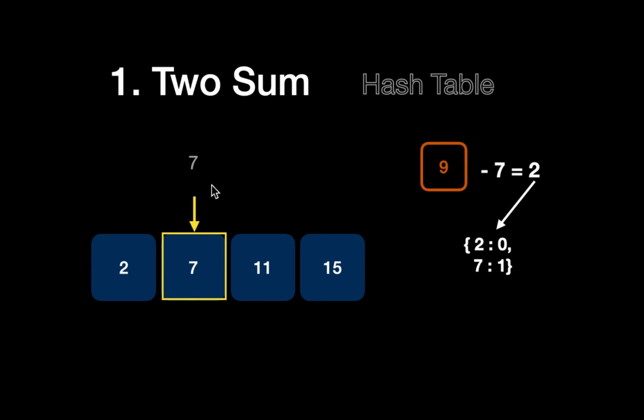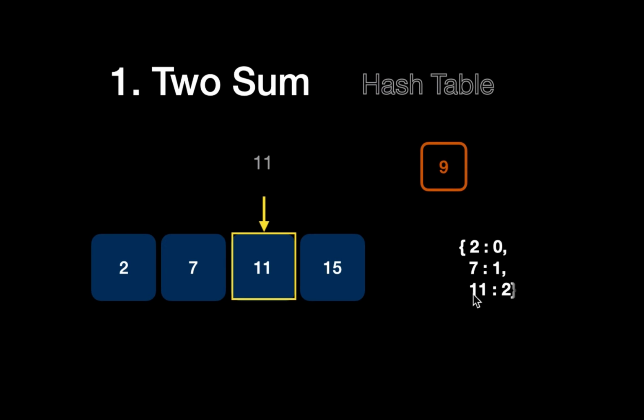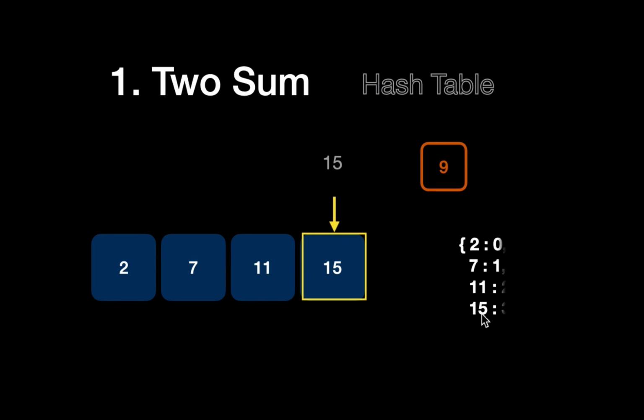While iterating through the elements, we will find the difference between the target and the element. If the difference is in the hash table, then we know that the complement of the element is a previous element. So we will know their indices by looking at the hash table. So this is the animation for this hash table.